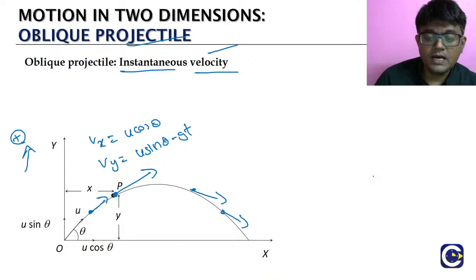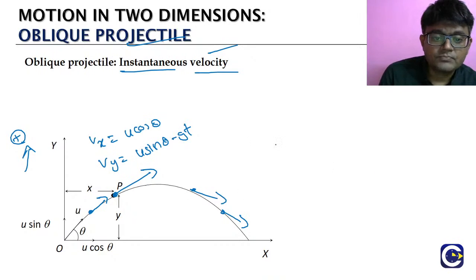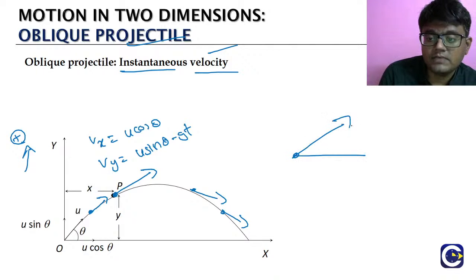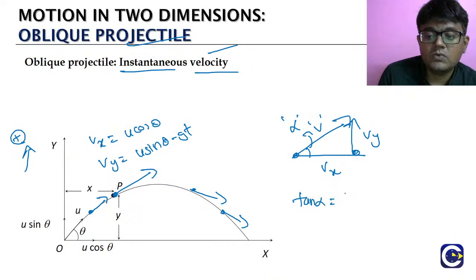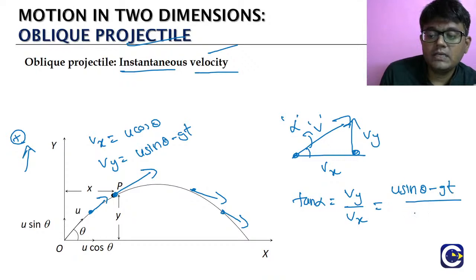Next, look, if we want the angle made by that velocity with the horizontal: if the velocity is making an angle alpha with the horizontal, then the vertical component of velocity, the horizontal component of velocity, and the resultant overall velocity. So tan alpha is equal to vy by vx. Vy is u sin theta minus gt, divided by vx, which is u cos theta.